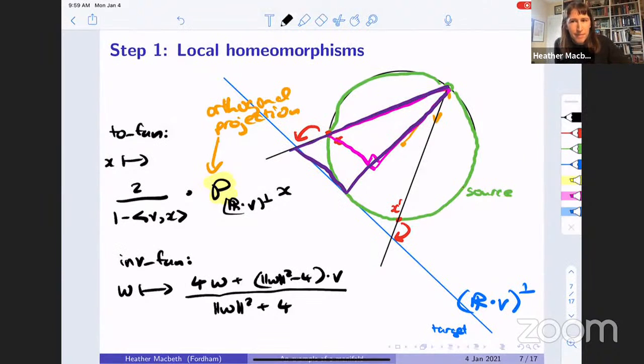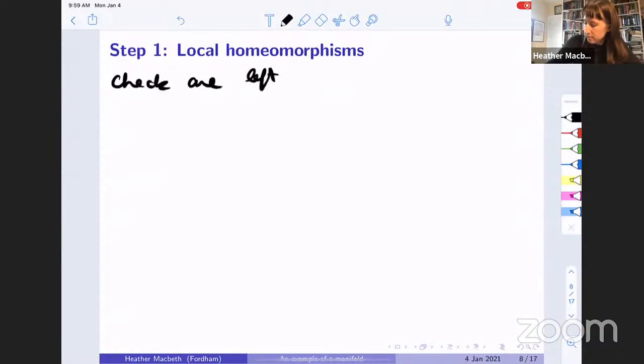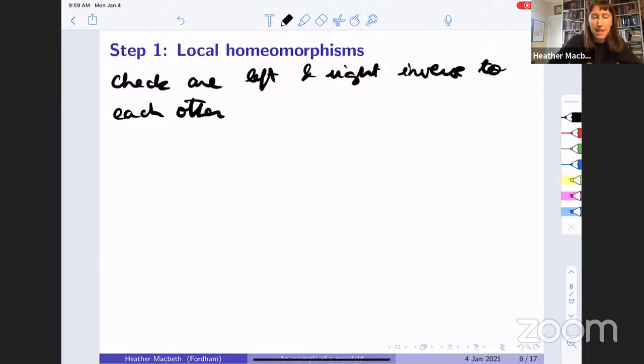And then when you're making a manifold, the main thing is to check that the forward function and the inverse function, I mean, to be a local homeomorphism, these should be inverse to each other. So you have this rather terrible calculation where you check that these are indeed inverse to each other, both left and right inverse, on the appropriate domains. So let me just show how one of these, the harder one, the left inverse calculation goes. Incidentally, I was reassured as I did this to notice that in Isabelle, it's nearly as bad as in Lean. So it's not like our tools are that much lacking.